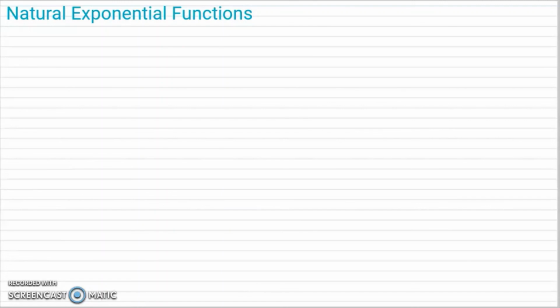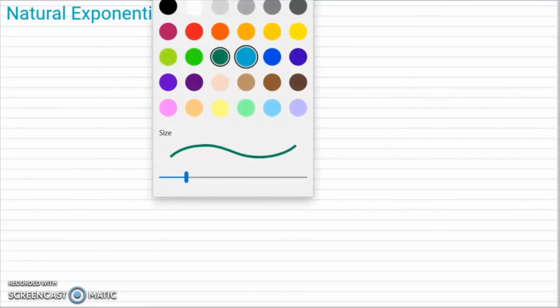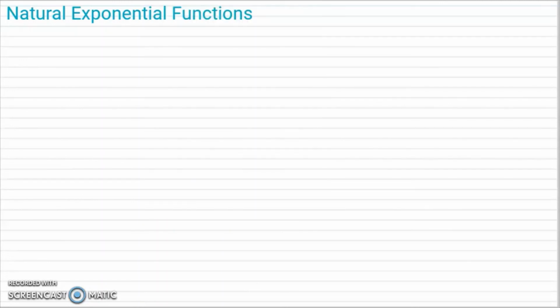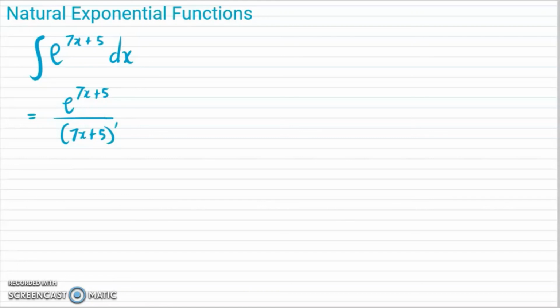And now for an example that involves natural exponential function, let's have the integral e raised to 7x plus 5 dx. So, applying the rule, this is just equal to the given exponential term itself, e raised to 7x plus 5 over the derivative of the exponent plus c.